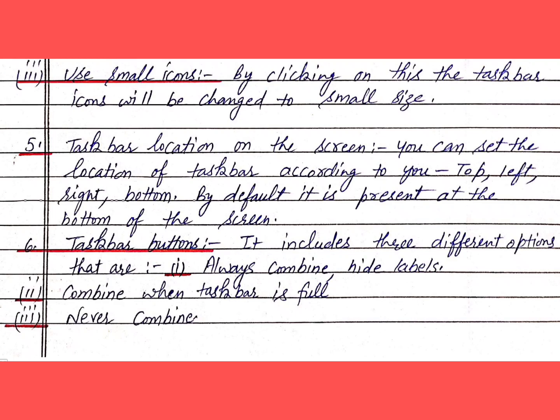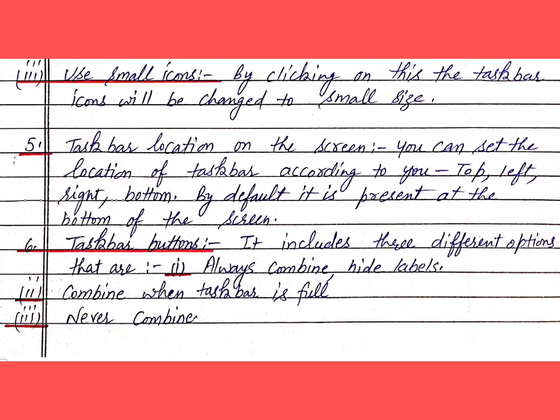Number 5. Taskbar location on the screen. You can set the location of the taskbar according to you. Top, left, right, bottom. By default, it is present at the bottom of the screen.